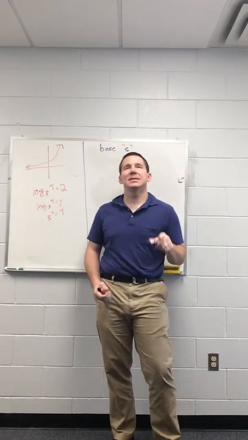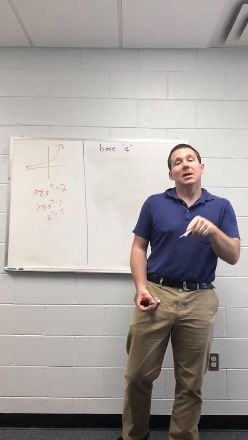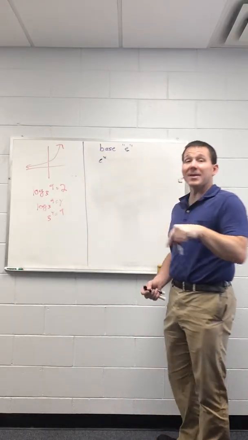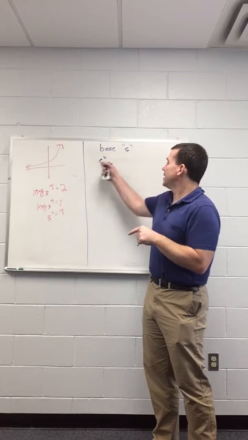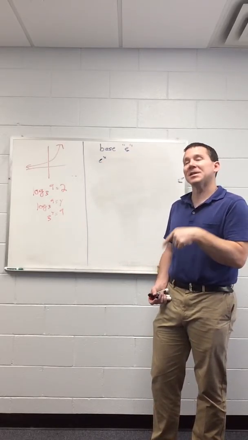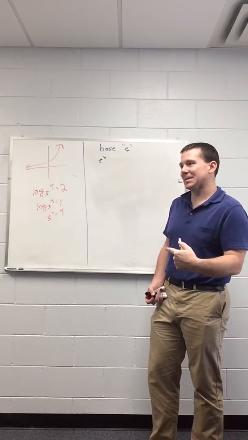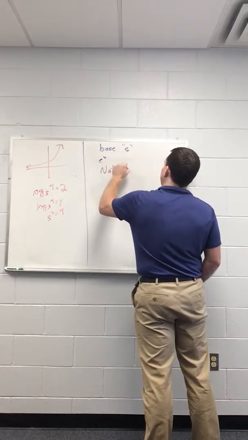Essentially, we talked about exponential functions and they were important. We said e to the x was the most important exponential function. Exponential functions have inverses. So if this is the most important exponential function and it has an inverse, then it would stand to reason that its inverse is also really, really important. And it is. It's called the natural log.